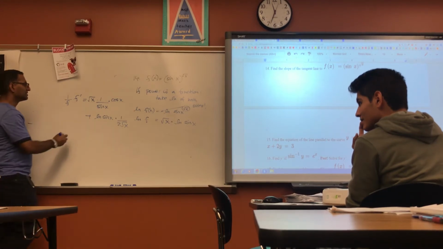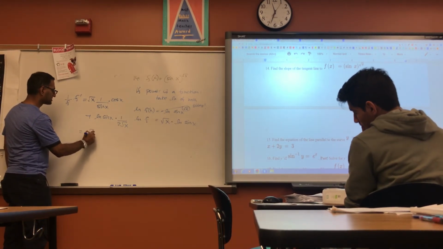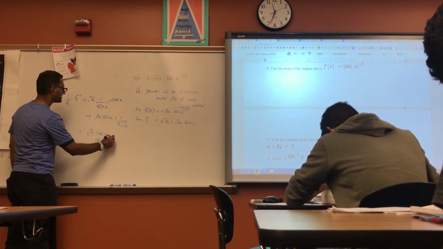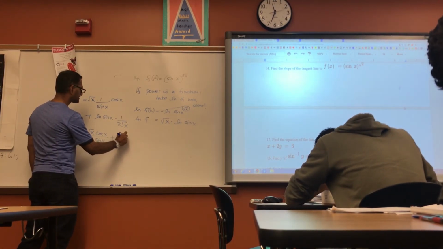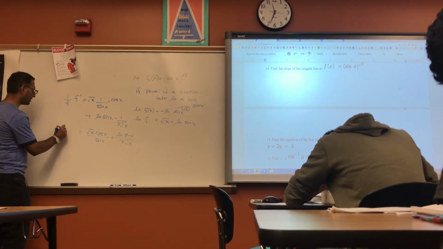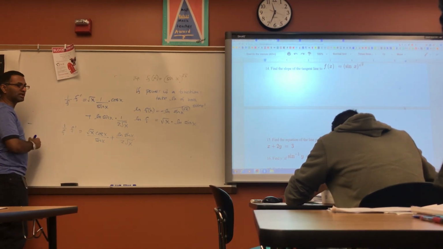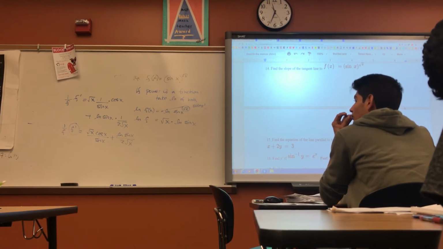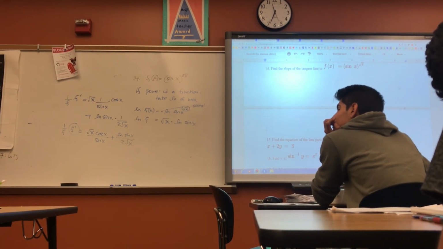Rewriting is your friend. So, radical x cos x over sine x, plus ln sine x over 2 radical x. That was 1 over f times f dash. Keep the goal in mind: my goal is to solve for f dash. What did I just do last step? Multiply by f.